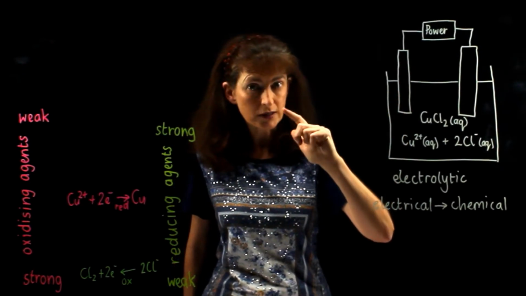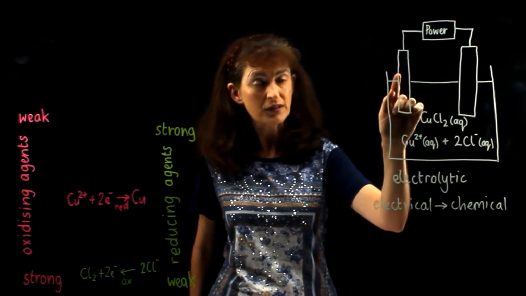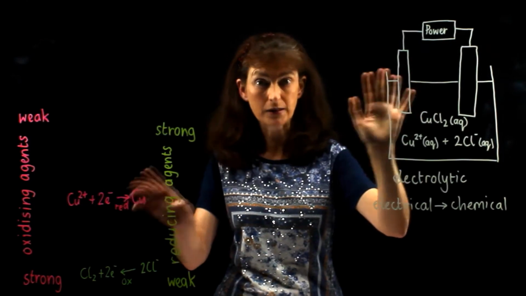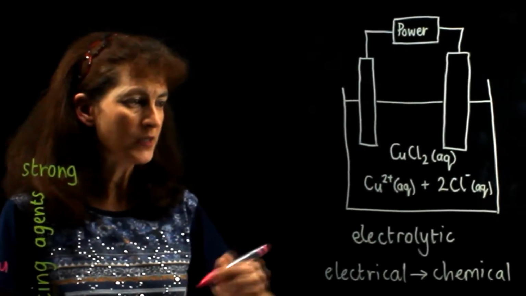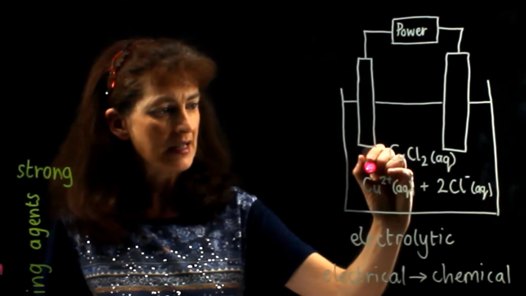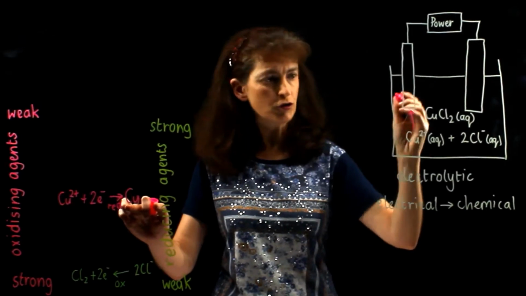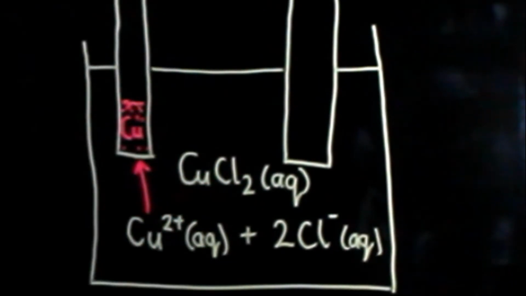From that, we deduce that this is the cathode because the cathode is the electrode where reduction happens in any kind of cell, electrolytic or galvanic. So what's happening at this electrode here is these copper ions are being reduced to copper the metal, which precipitates on the electrode.